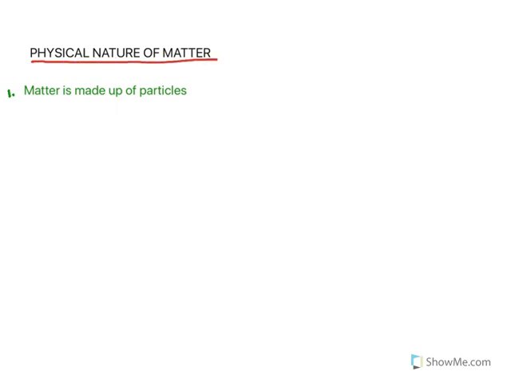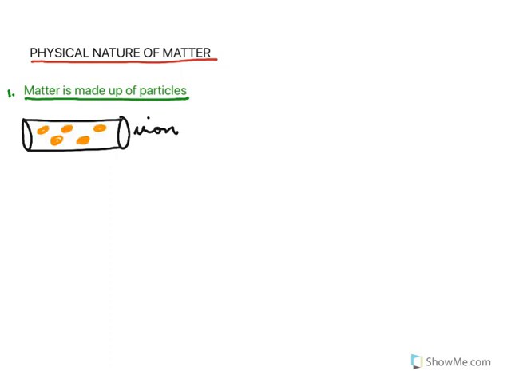Here we'll learn the physical nature of matter. The first characteristic we learn is matter is made up of particles. If we have a rod of iron, in that rod of iron we know there are atoms of iron. These are all atoms of iron. So they're all made up of particles.